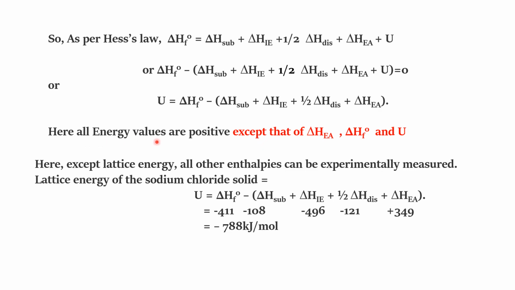All the other values are positive because they are the supplied energy, while this is the released energy. From this, we could easily calculate the lattice energy because all other enthalpies can be experimentally measured.